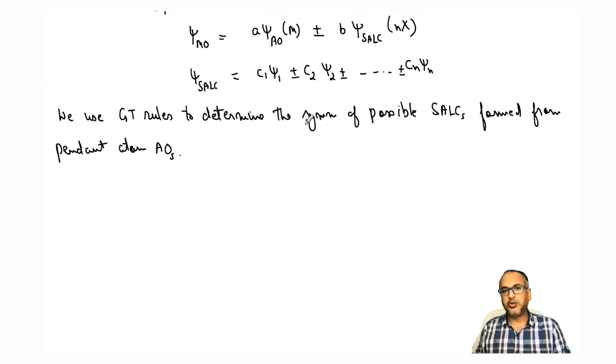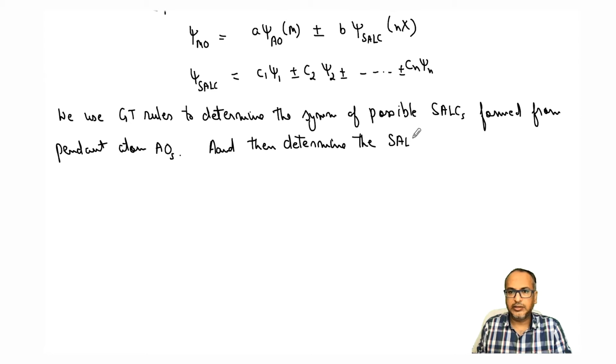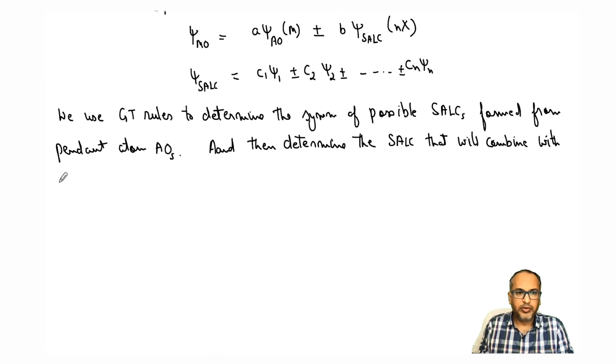So group theory rules are used to determine the symmetry of possible SALCs formed from pendant atom atomic orbitals, and then determine the SALC that will combine with which atomic orbital, of course on the central atom, to form MOs.